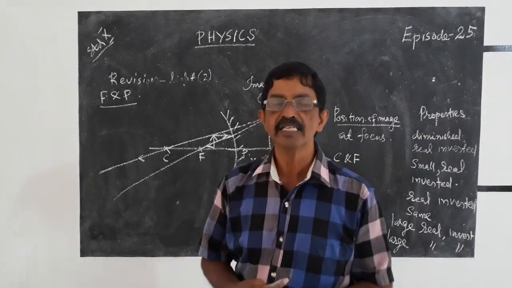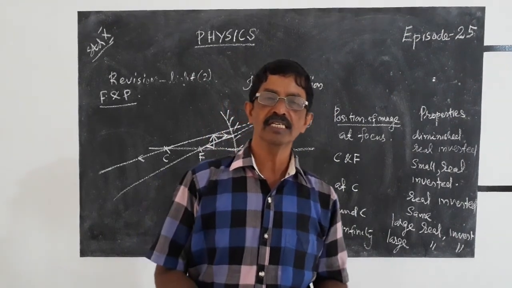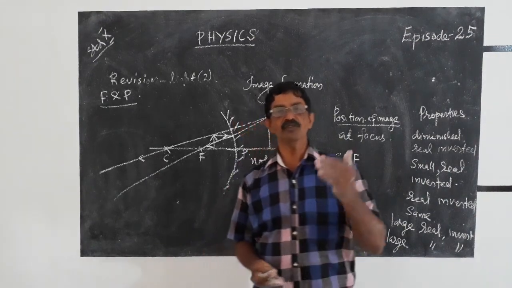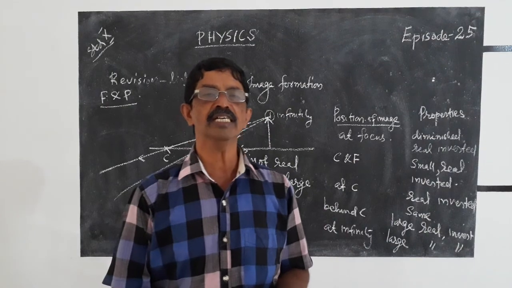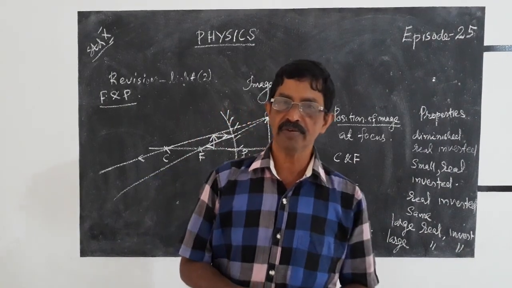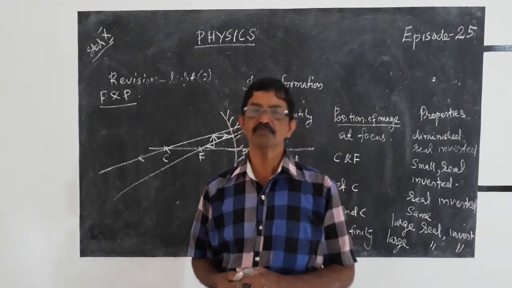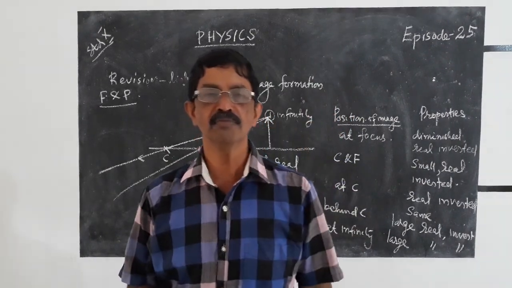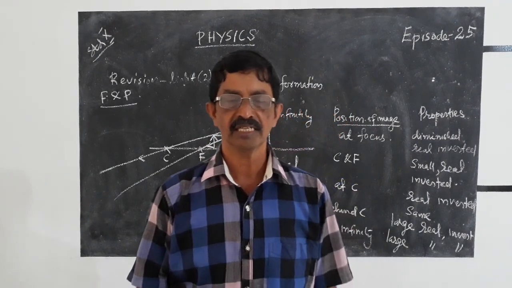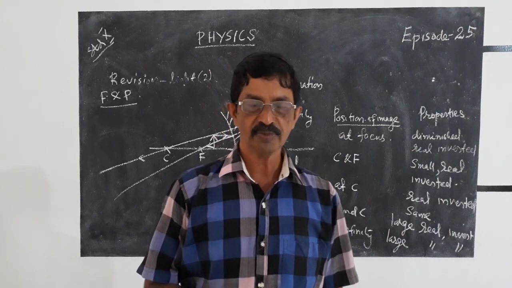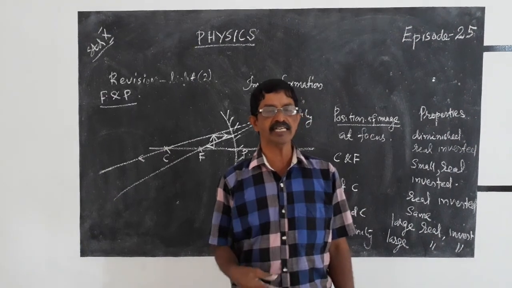Another use: a large concave mirror can be used as a makeup mirror. It can be used as a makeup mirror. Two more uses of concave mirror we already discussed.